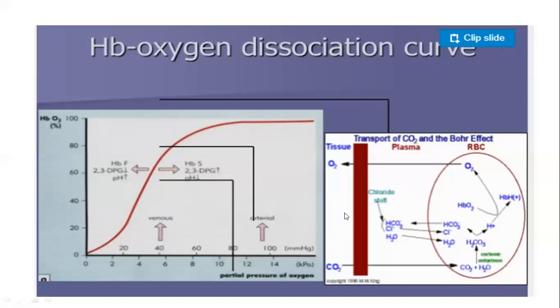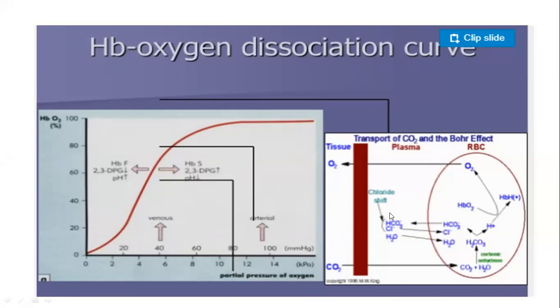On the right side of this particular slide is the Bohr effect. Basically, the Bohr effect is the low affinity of oxygen to bind onto hemoglobin for various reasons, and a lot of this is explained by the metabolic issues in the body, where you have acid-base balance issues.